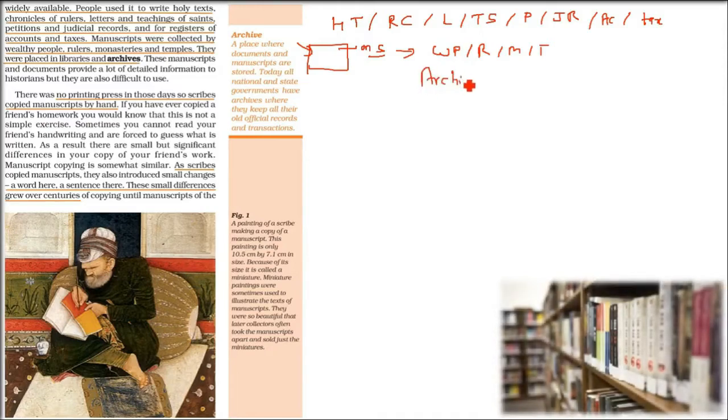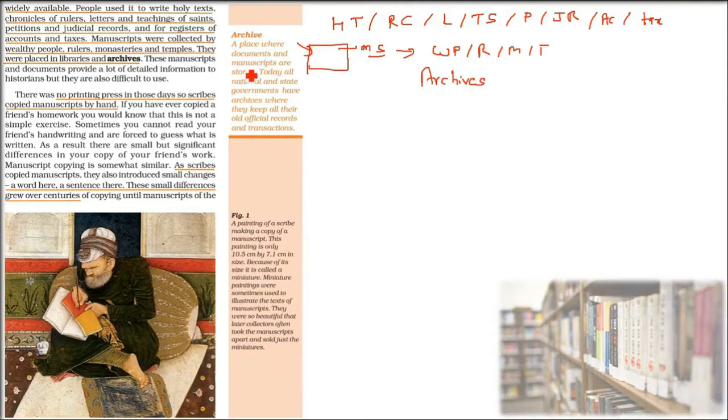They are kept safely in archives, Abhilekhagar, a place where documents and manuscripts are stored properly. Various states and big cities have archives, where all the manuscripts and other things are kept, and also conserved.